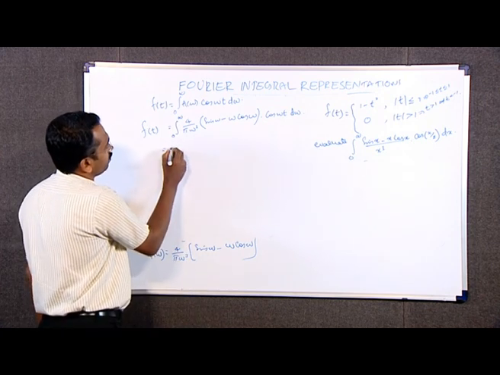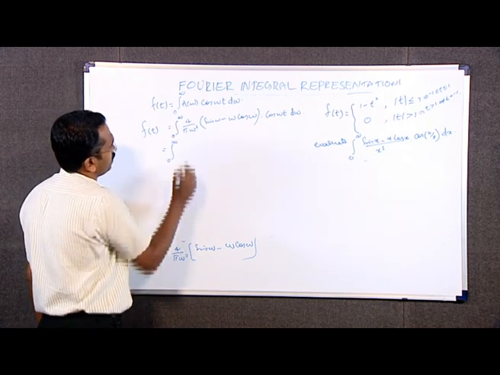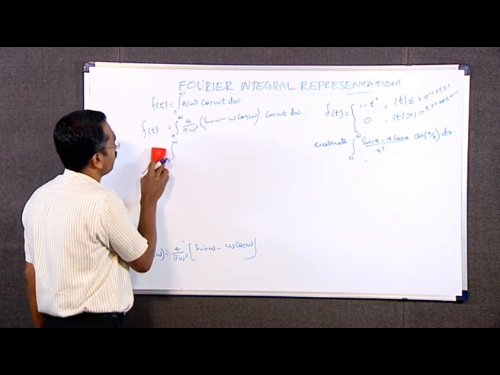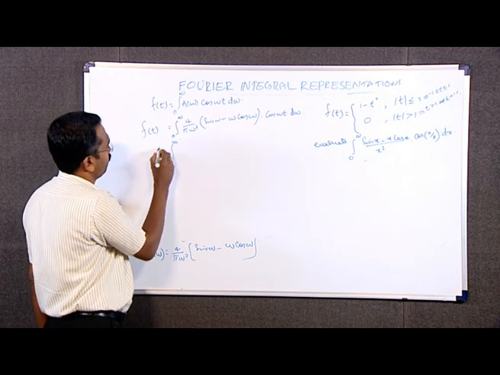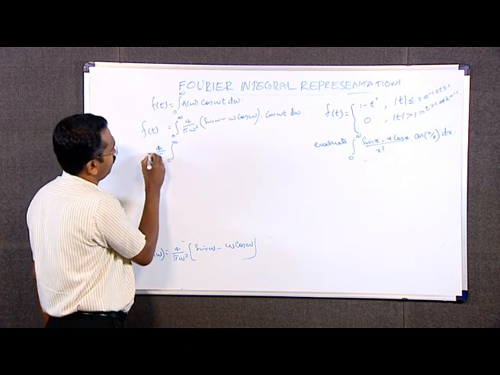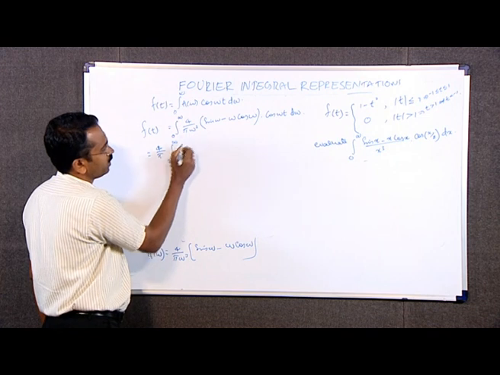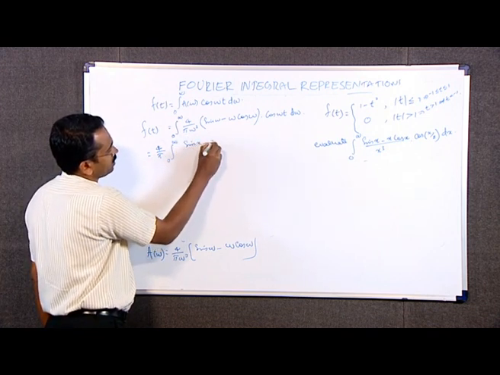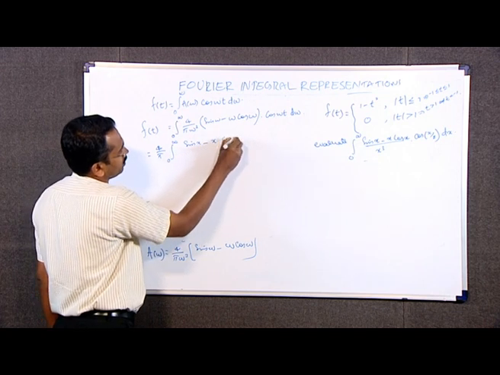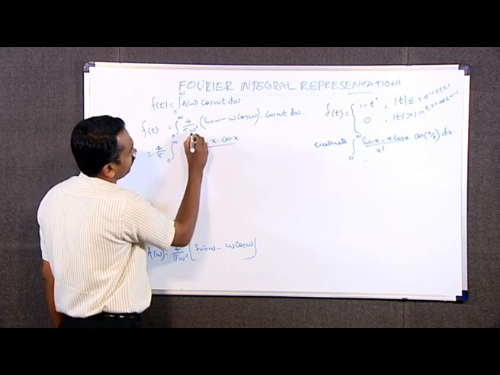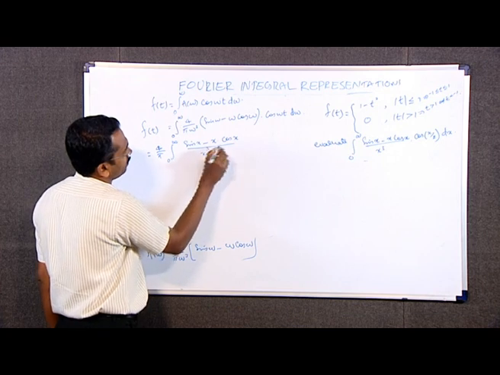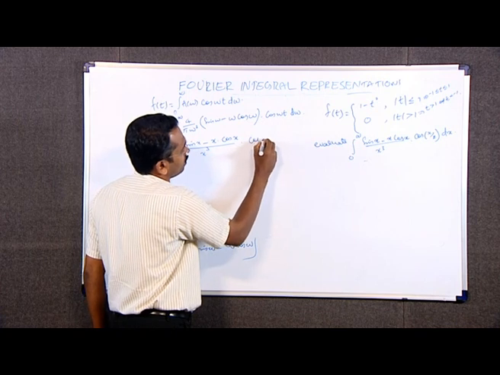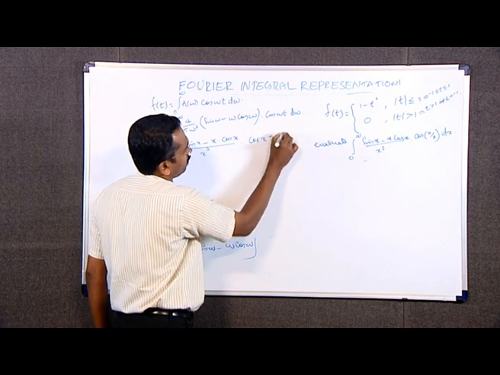This is equal to, we can write, this 4 by pi can be taken outside: 4 by pi into integral from 0 to infinity sin x minus x into cos x divided by x cube into cos xt dx.